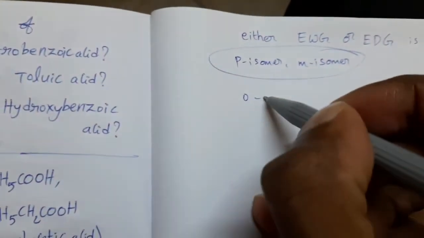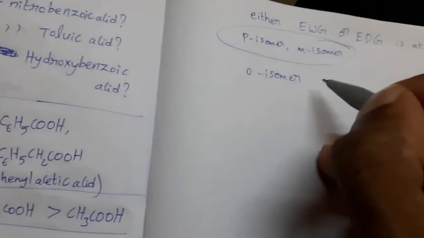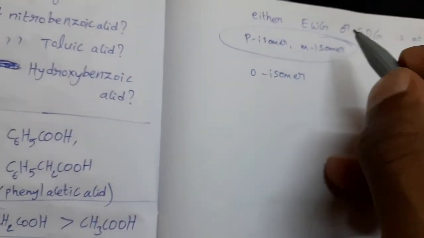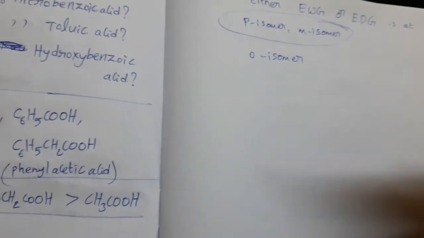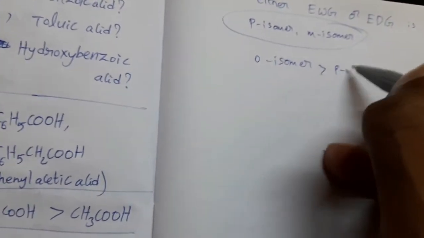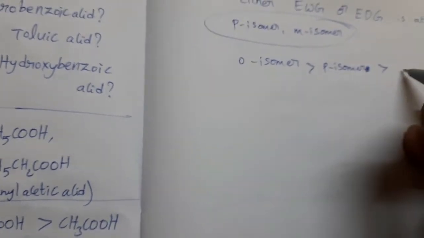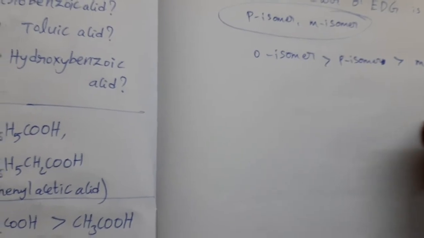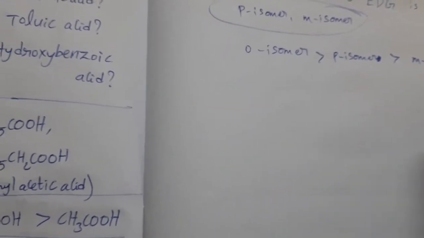First ortho isomer, and then remaining para and meta forms, then para isomer, then meta isomer, then benzoic acid.